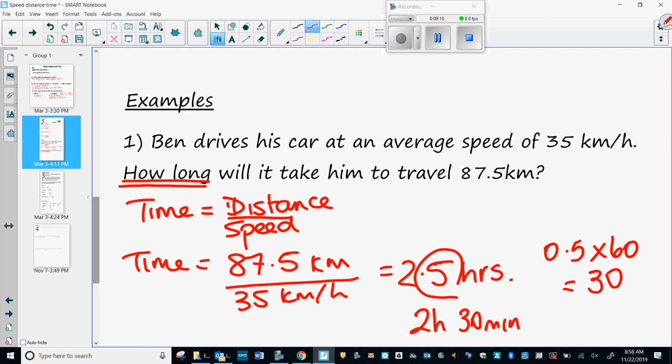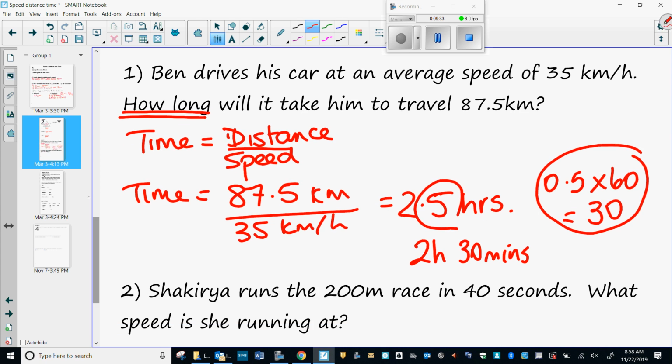You probably knew that 0.5 was 30 minutes anyway, but I'm showing you how you find the minutes portion. You do have to be careful if it has a recurring sign on it. If it said 2.3 recurring, you can't just say 0.3 multiplied by 60. You've got to keep the recurring sign on there.